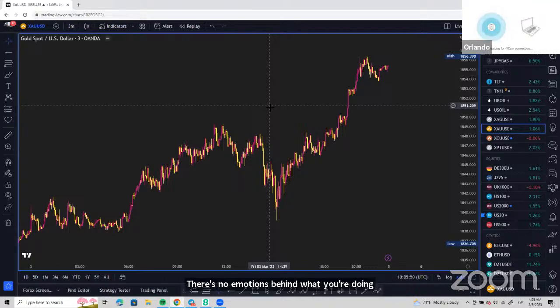Two, you understand completely the math and the probabilities behind what you're doing. And because you focus on one single entry model and 3 markets, you understand completely what to look for, where to look for, and what time of the day to look for that. And you understand that you might get stopped out a few times, but it doesn't matter.